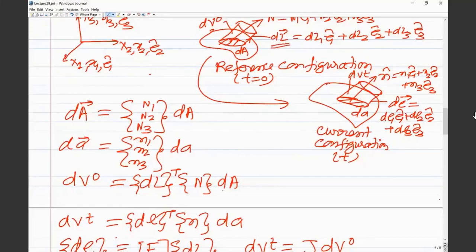So I have written this as the dot product of vector dL and vector dA. If you take area and length, the component of dL along the normal to the area gives you volume. That is how I have written these. It is basically a dot product between the area vector and the dL vector.